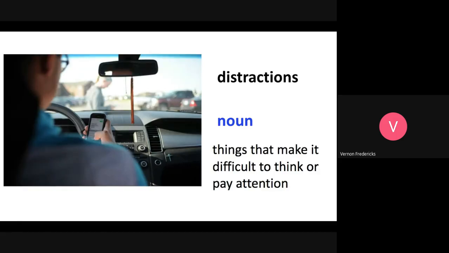Another distraction, maybe when you study, is your mobile phone. There's a message coming through on your Snapchat or your Twitter, and your phone goes off, ping, ping, ping. And that becomes a distraction when you study. So you cannot focus because your mobile phone is a distraction.